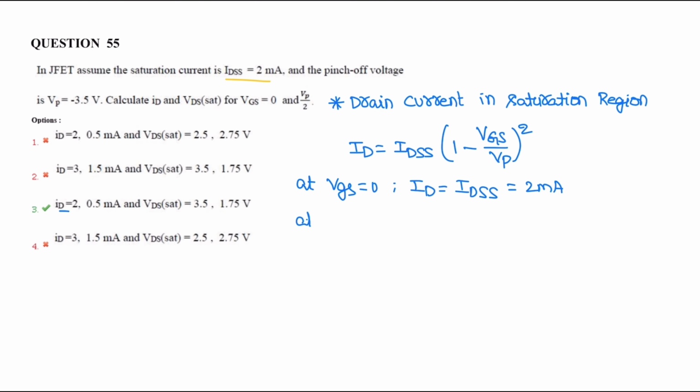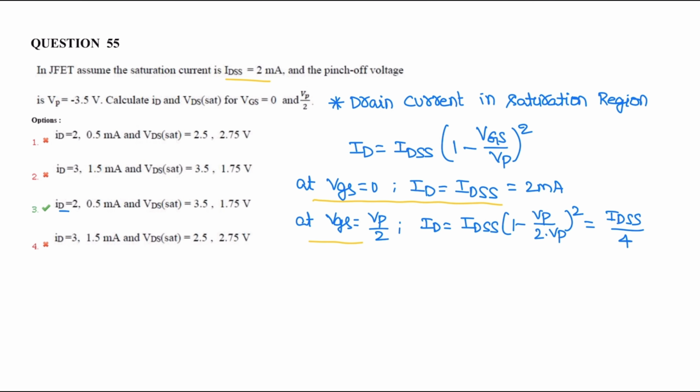At VGS is equal to half of pinch off voltage, VP by 2, ID is equal to IDSS times (1 minus (VP by 2) divided by VP) whole square, that is IDSS by 4. For VGS is equal to 0, ID is equal to IDSS. For VGS is equal to VP by 2, the drain current is 0.25 times IDSS.